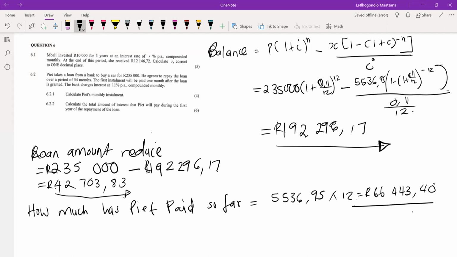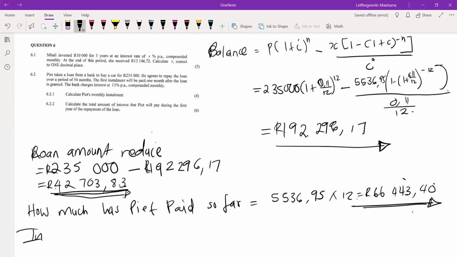So this is the amount he has paid in total throughout the year, but this is the amount his loan only reduced by. So the difference between what his loan reduced by and what he has paid is the interest he has paid.